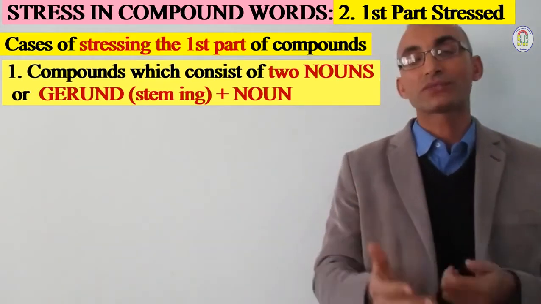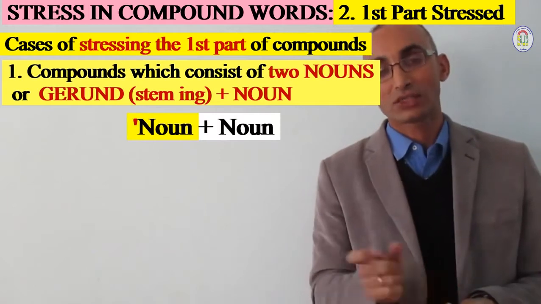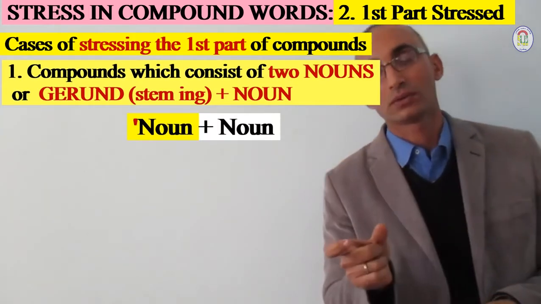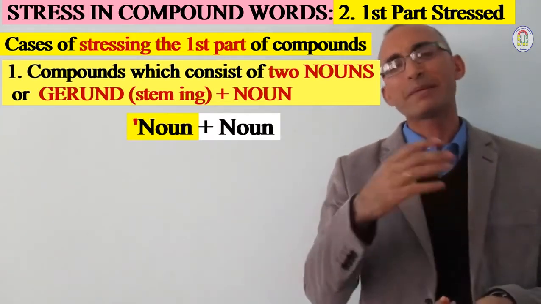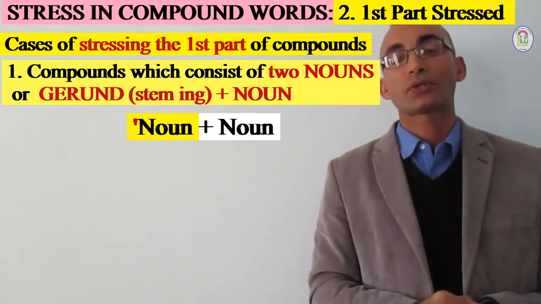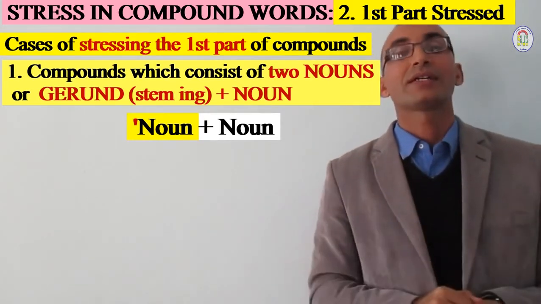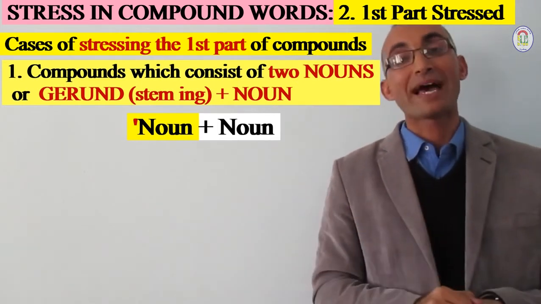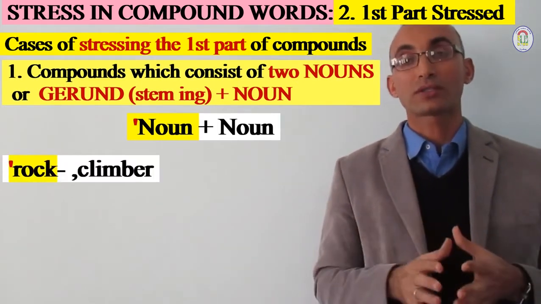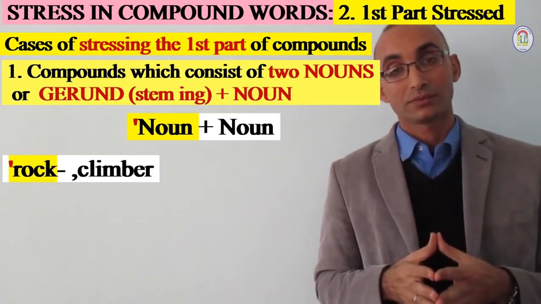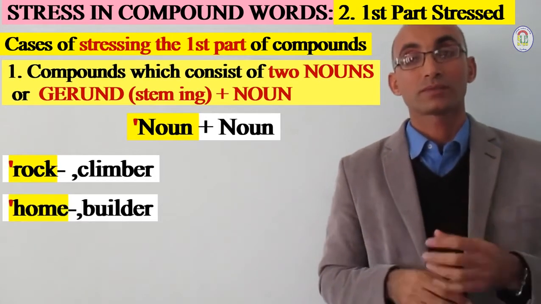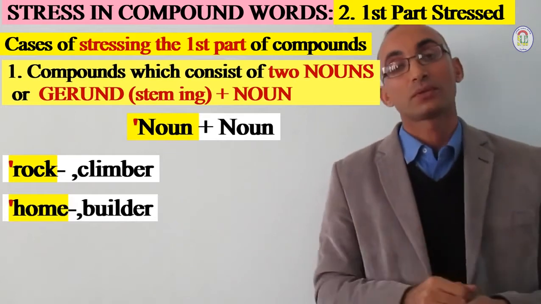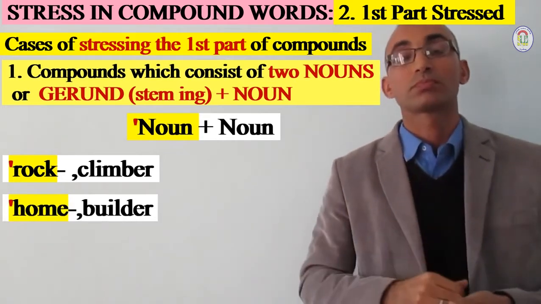Now let's start with the first structure, noun plus noun. Here we can mention many examples. For example, we have these hyphenated compound nouns, like rock climber, so we stress rock. Home builder, we stress home.